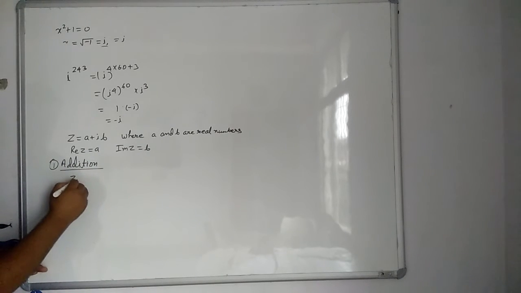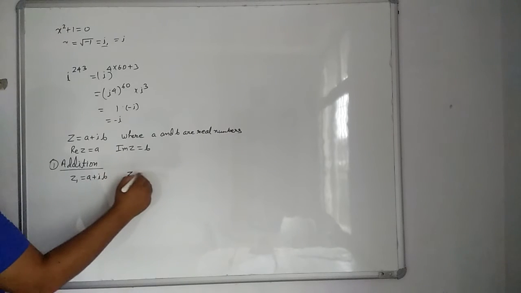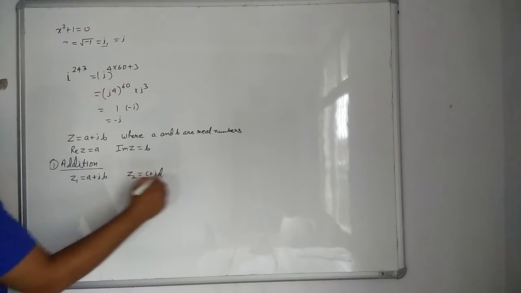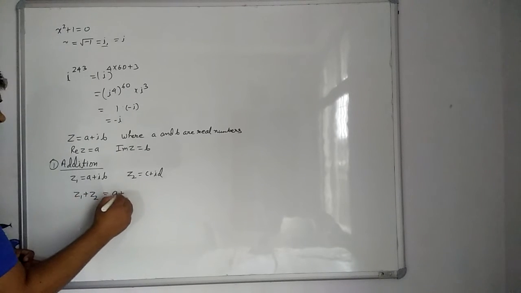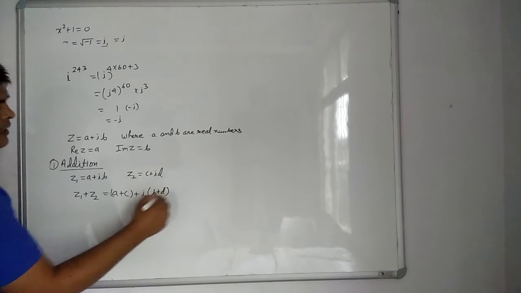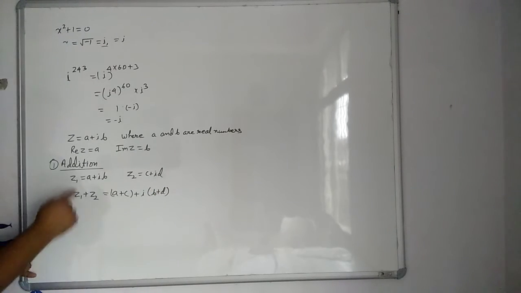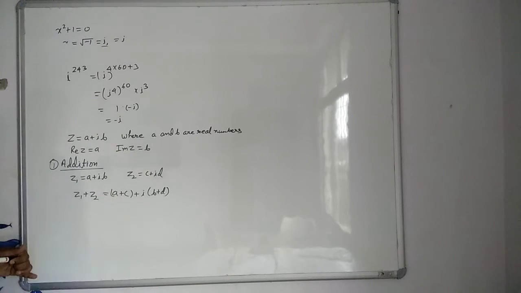If you have z1 equals a plus iota b, one complex number, and z2 equals c plus iota d, another complex number, then their sum z1 plus z2 is a plus c plus iota times b plus d. That means it is the sum of real parts and the sum of imaginary parts.